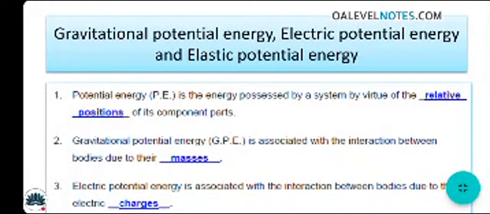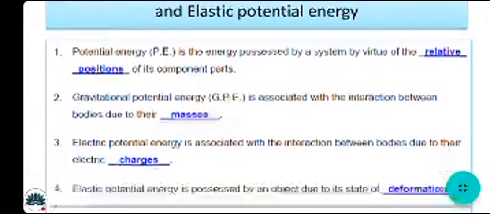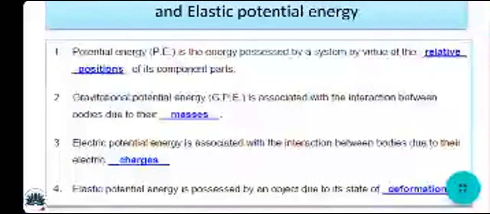So, moving on: gravitational potential energy, electrical potential energy, and elastic potential energy. Potential energy is the energy possessed by a system by virtue of the relative positions of its component parts.